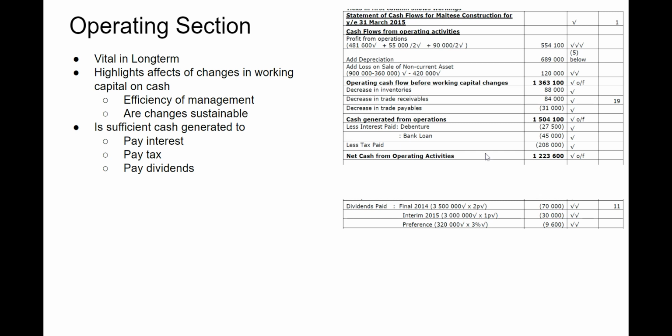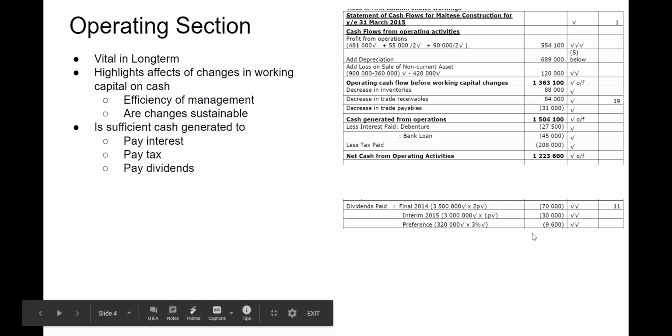Here it's quite healthy: this company has paid out 109,600 in dividends, but the cash they generated from day-to-day operations was 1,223,600. So you feel fairly confident this company is successful enough at creating cash to at least maintain the current dividends they are paying.